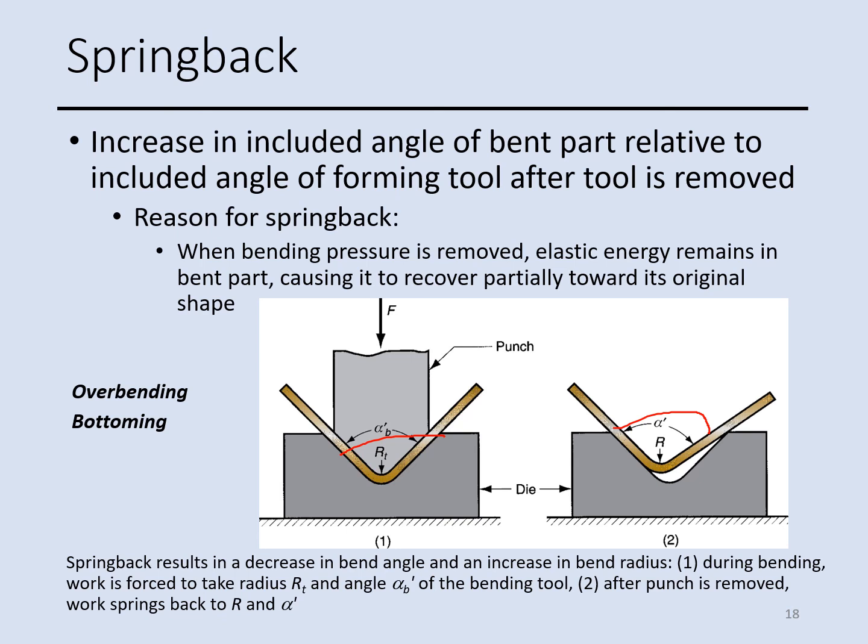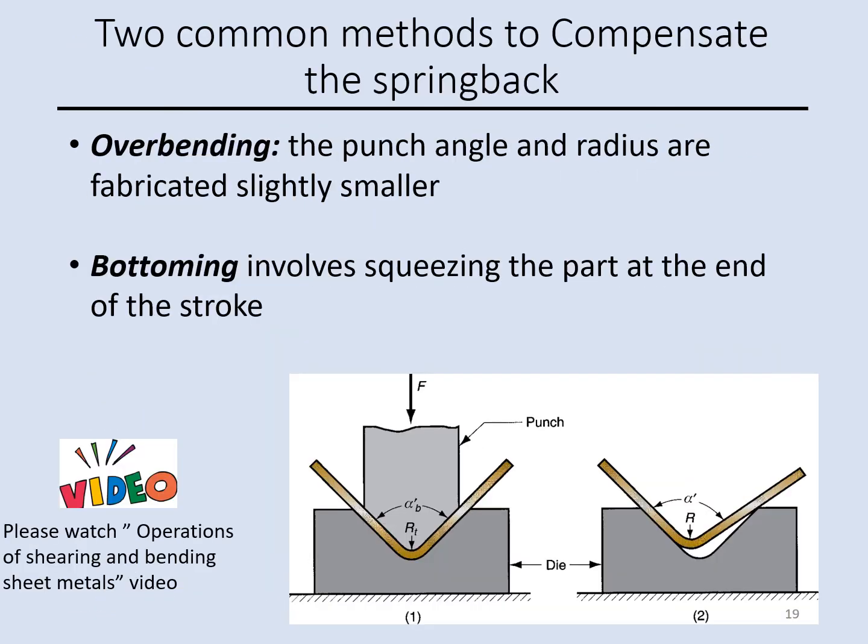There are two methods to address this issue. The first is called overbending. The second one is called bottoming. In the overbending, the punch angle and radius are fabricated slightly smaller than the specified angle on the final part, so that the sheet metal springs back to the desired value.